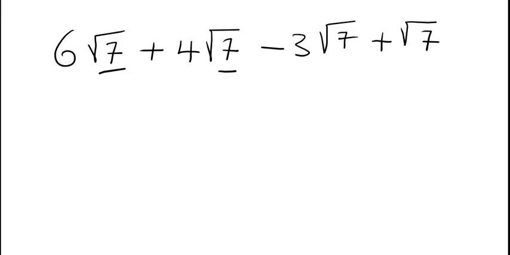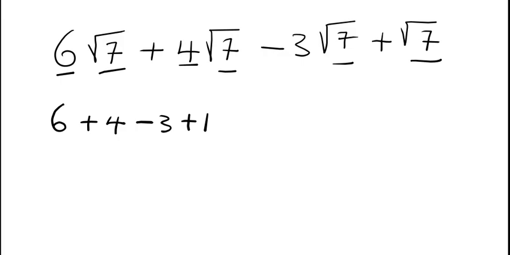So therefore, we are going to work on the numbers that are outside the root, which is what? We have 6 plus 4 minus 3 plus 1. This is 6 plus 4 minus 3, then plus 1.